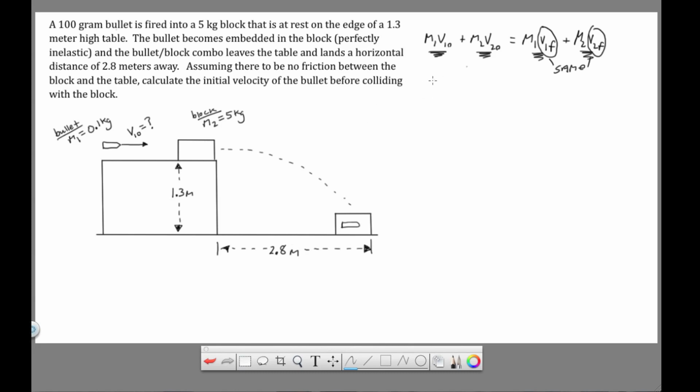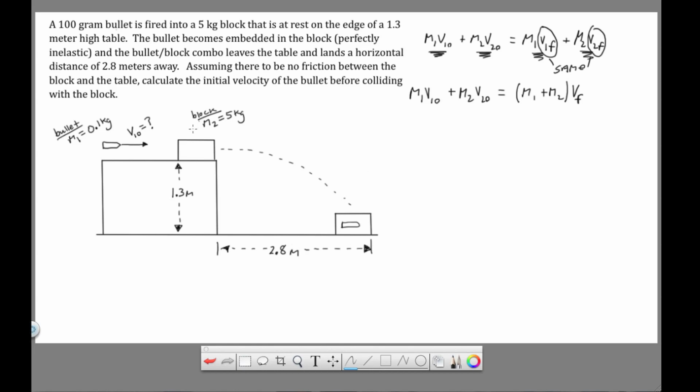So this allows us to factor out v final. This equation becomes m1 v1 initial plus m2 v2 initial equals (m1 plus m2) v final.